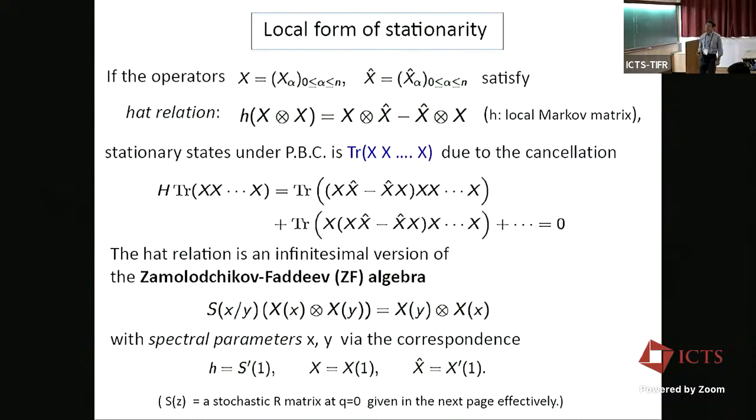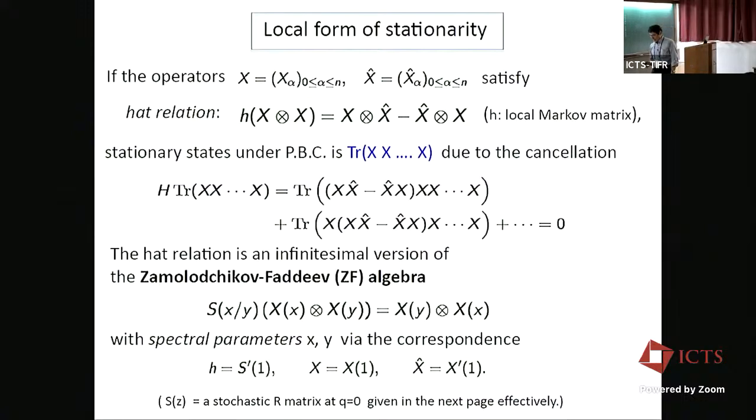So the construction of the stationary state or stationary probability is reduced to the problem of finding the representation of this ZF algebra, of which this S is known in our problem. Well, legally speaking, we need to assure that this trace is non-zero finite, but this can be assured.